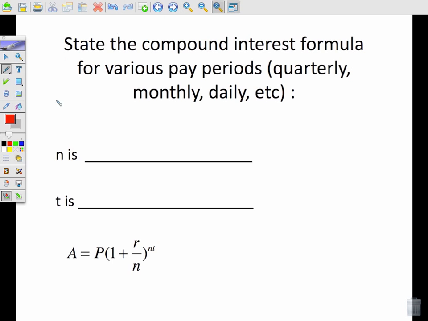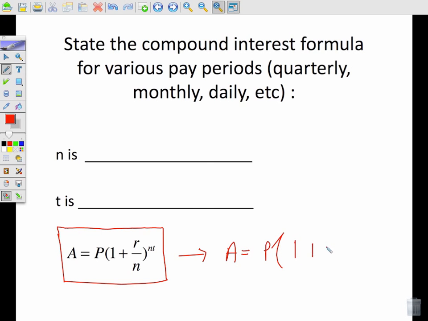So here's our formula again down here at the bottom. This would be for compound interest, where interest might be compounded quarterly or monthly or daily, and then you can see the difference between that formula and this one. A equals P times (1 plus r over n) to the nt power.